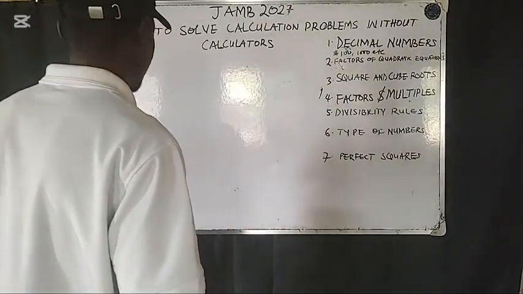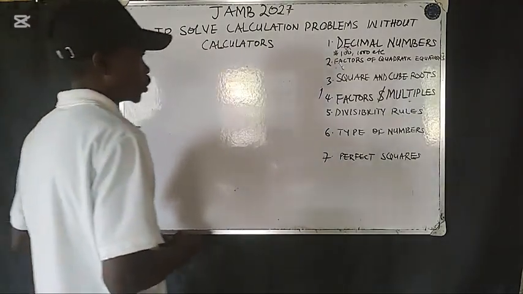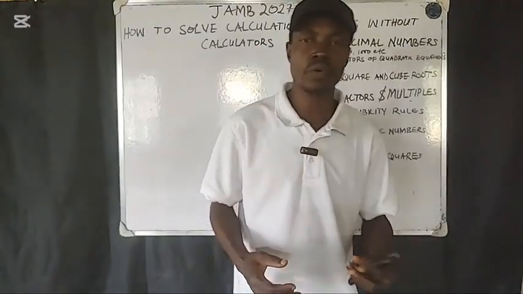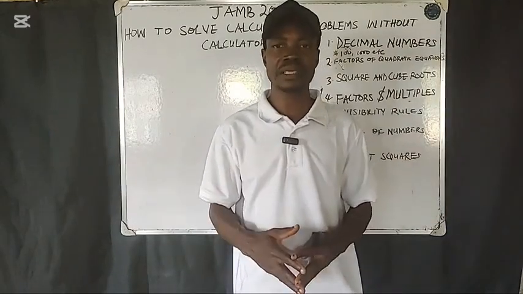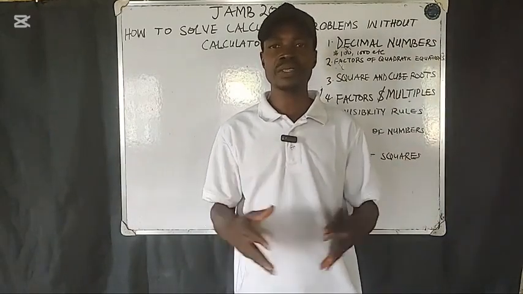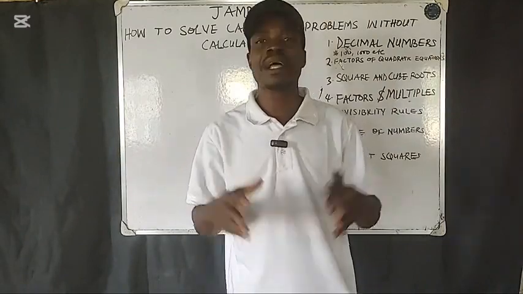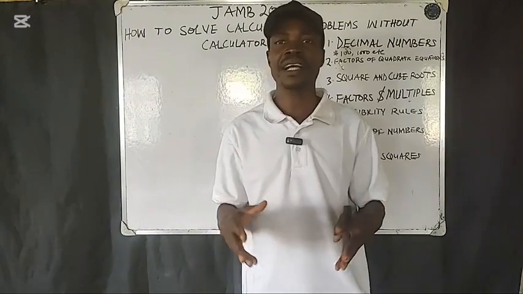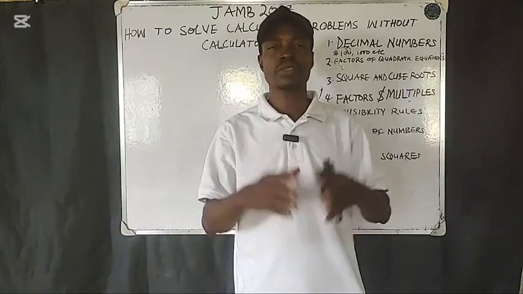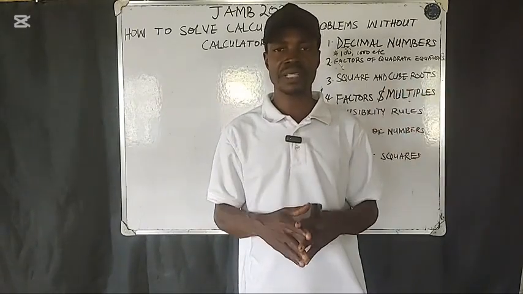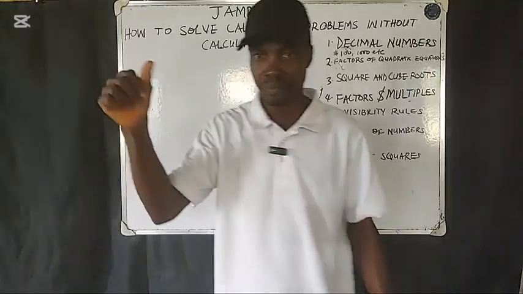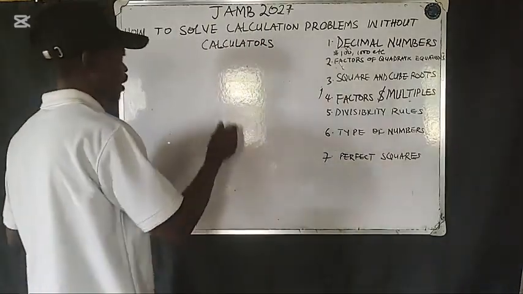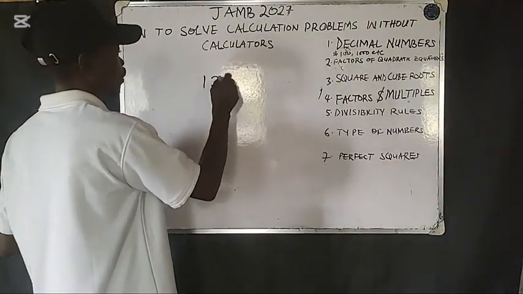How do we know that 3 can divide a number? 3 can divide a number when we sum all the digits of the number together and the result is divisible by 3. Let's take this one for example.